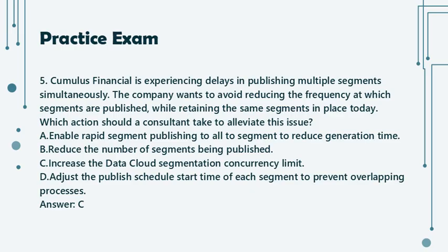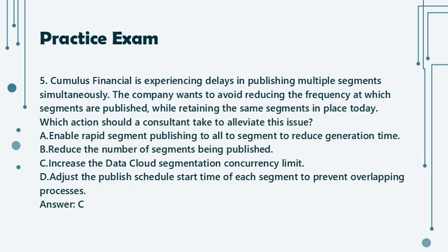5. Cumulus Financial is experiencing delays in publishing multiple segments simultaneously. The company wants to avoid reducing the frequency at which segments are published, while retaining the same segments in place today. Which action should a consultant take to alleviate this issue?